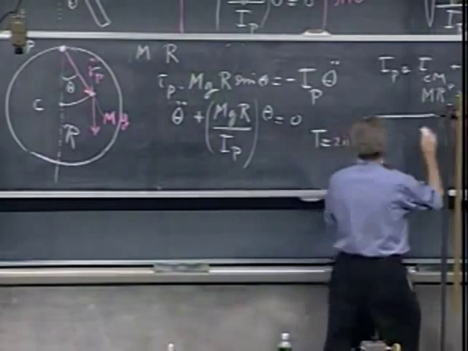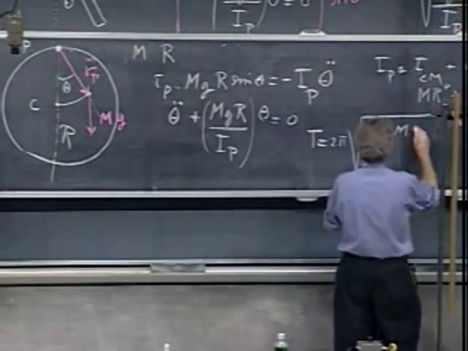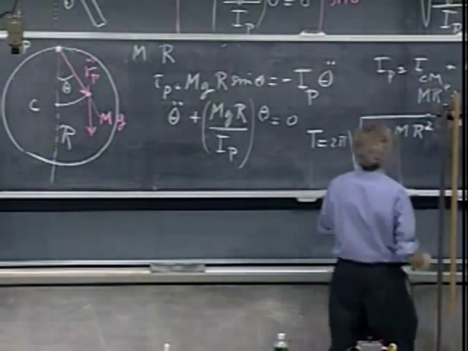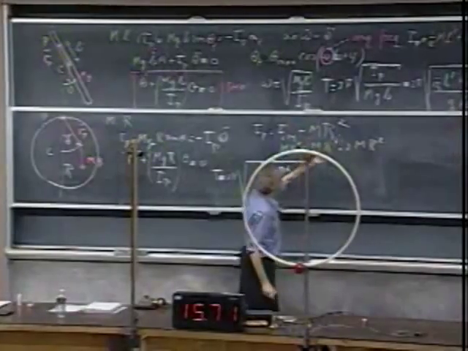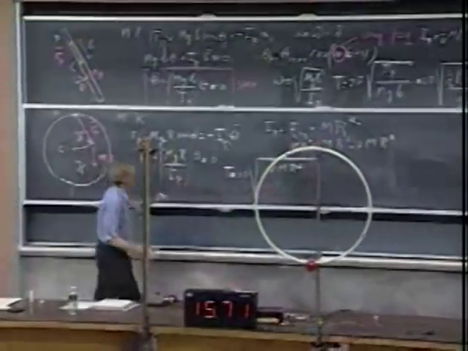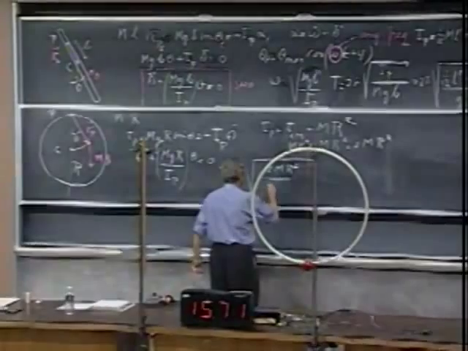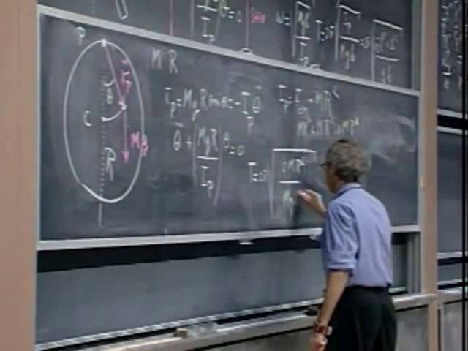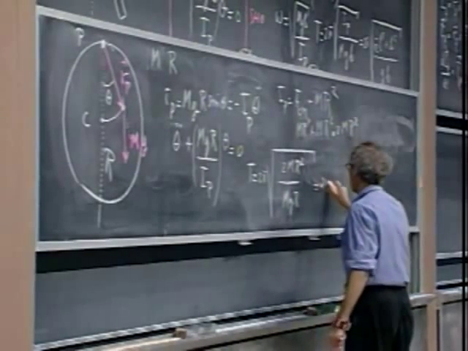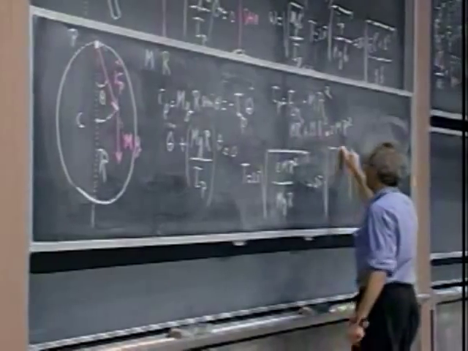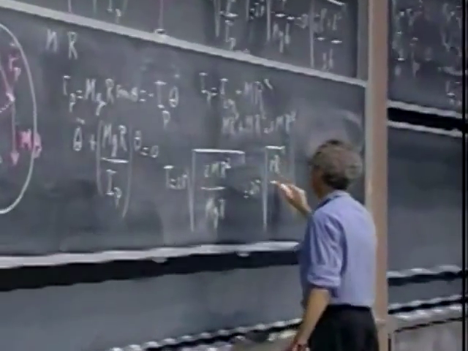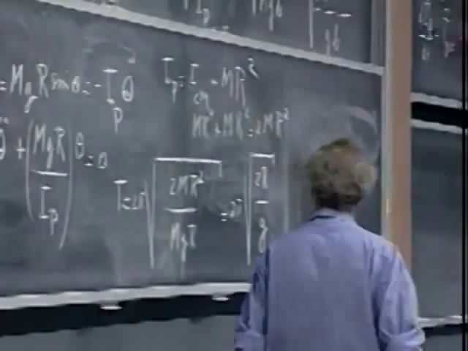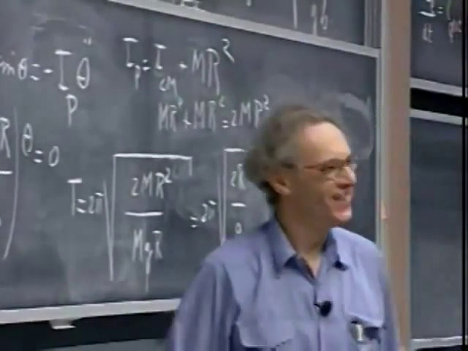But IP is 2mr squared. You see, IP divided by mgr. And that is 2 pi times the square root of 2r over g. And that is a cute result.